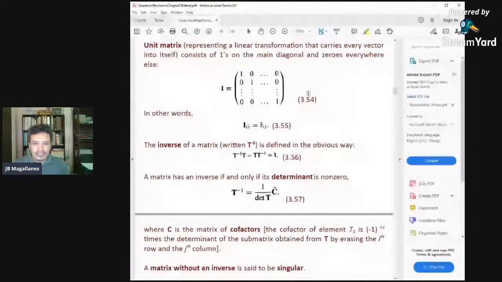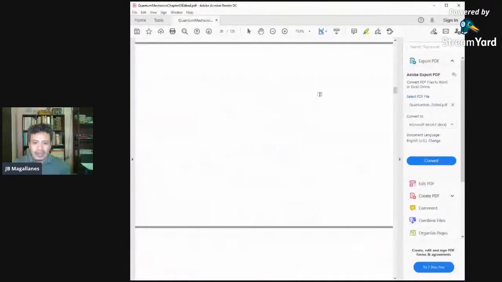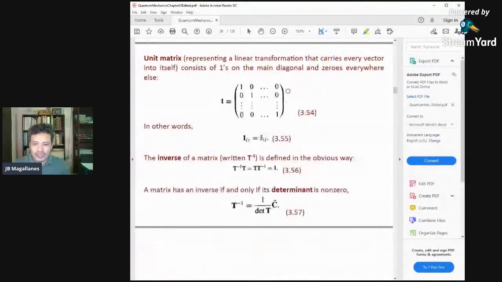For the unit matrix, the unit matrix is represented by the matrix 1, where all the elements in the diagonal are 1, and the other elements are equal to 0. You have this transformation.